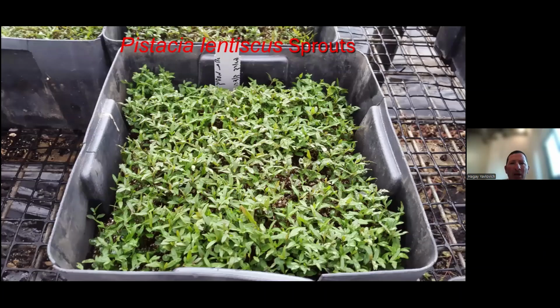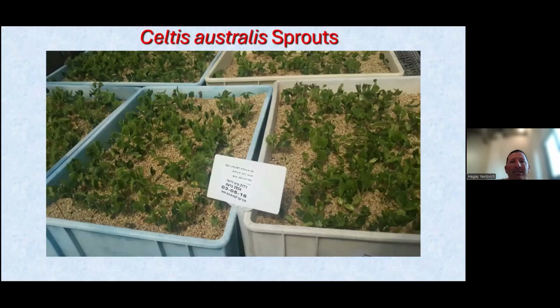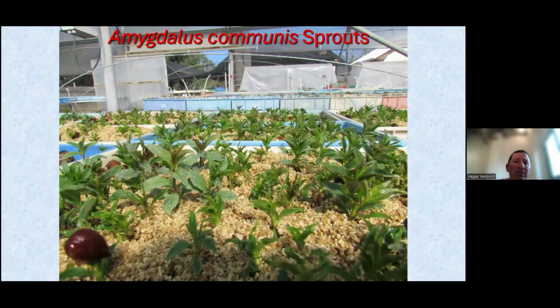Now I will show you some pictures of germination boxes. This is Pistacia lentiscus sprouts. These are all trees and shrubs of the Mediterranean area. Celtis australis, and this is the Amygdalus communis.